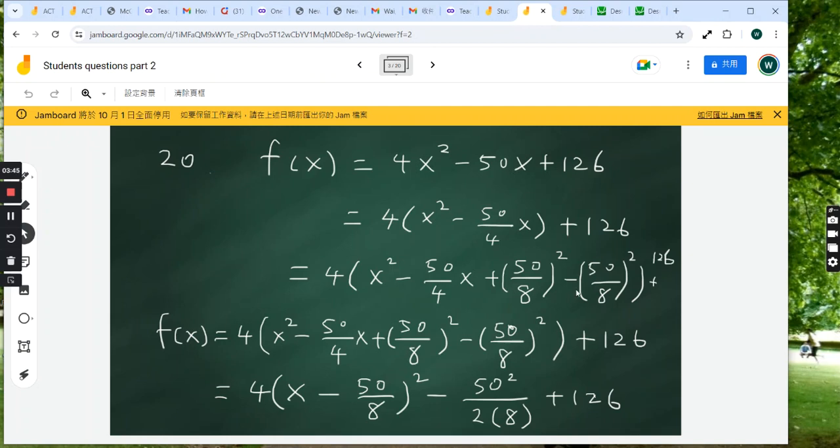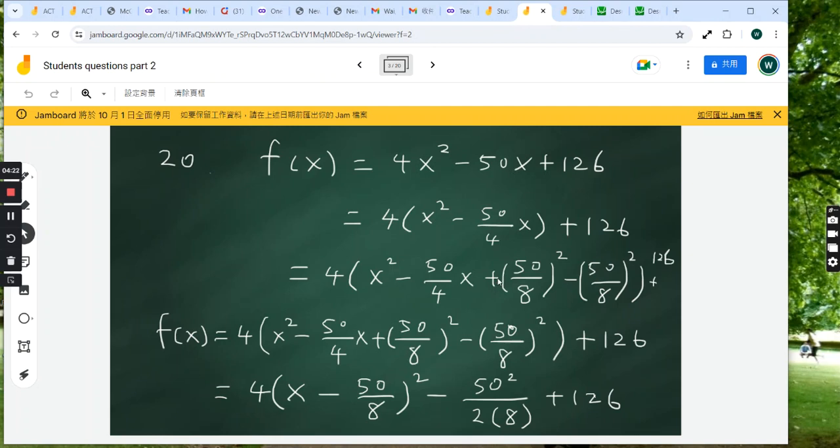So we need to subtract it too. You add the same term and subtract the same term, and they become 0. So it's mathematically legit to do this. We are adding 50 over 8 squared, and then subtracting 50 over 8 squared again, and then plus 126. These two are equivalent because we're adding and subtracting the same term.